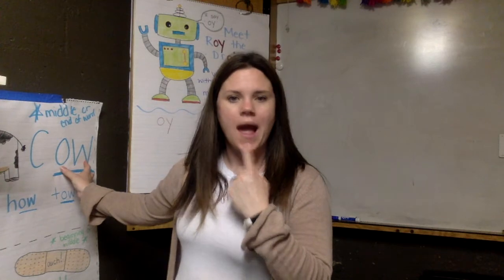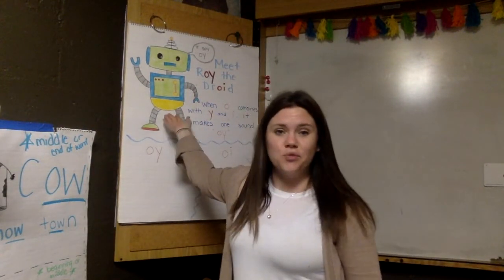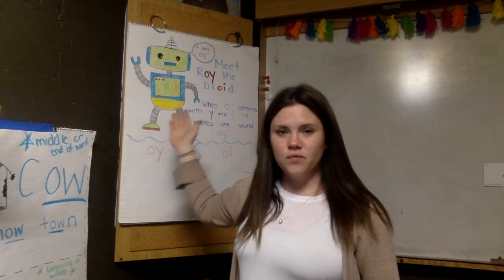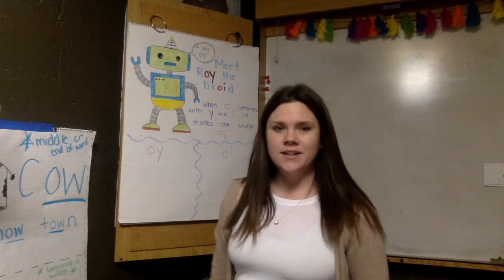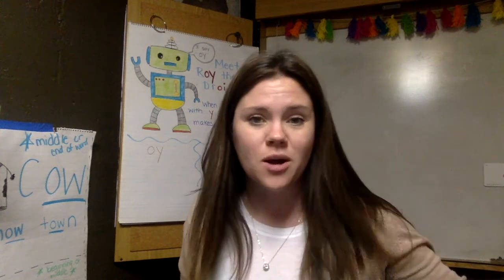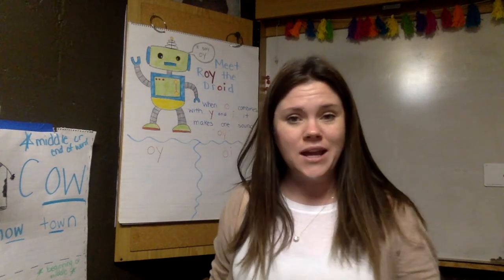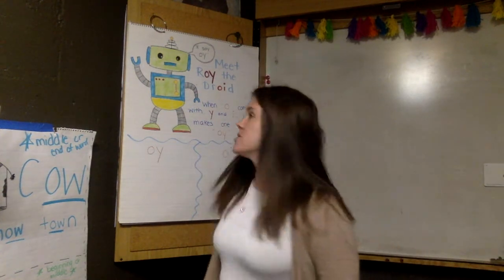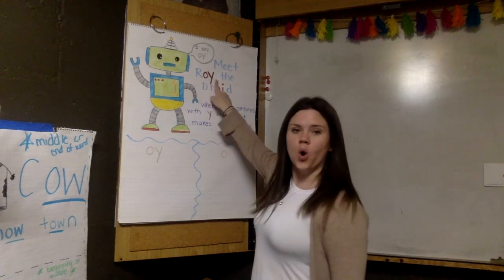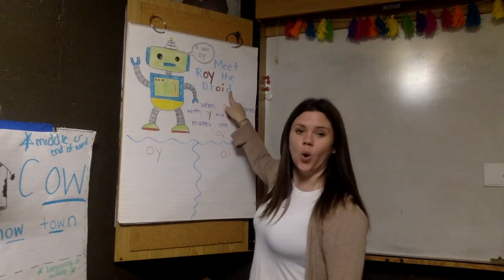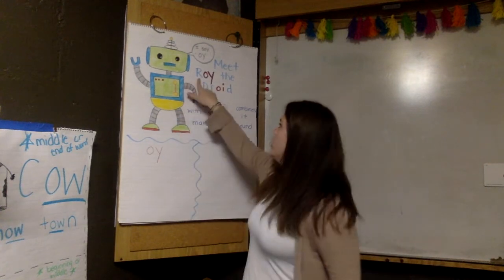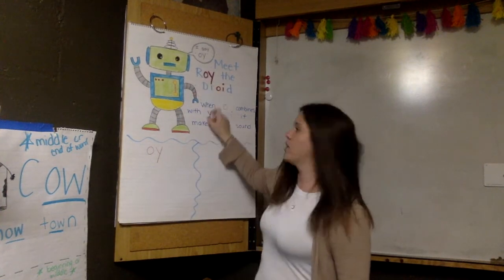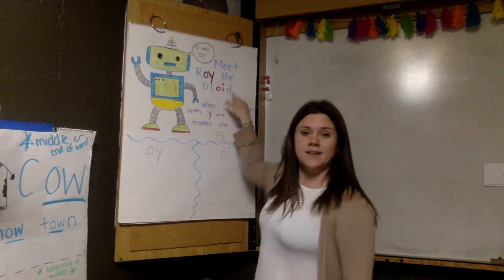Ow, ow, ow. So let me introduce you to our friend that's going to help us today with our new diphthong sounds. Here's my friend Roy. And guess what? Roy is a droid. You guys that all love Star Wars, all those robots, they call them droids. So, meet Roy the droid. What do you notice about Roy and the word droid?